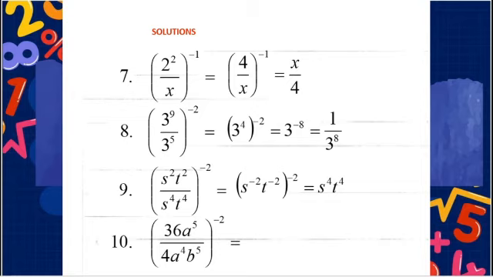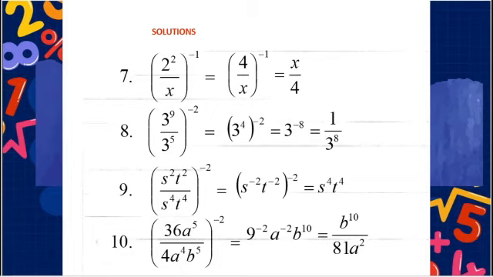36a to the 5th over 4a to the 4th b to the 5th, quantity raised to negative 2. Sige nga. Siyempre, yung numerical coefficient, divide muna natin. So, 9. Tapos, a to the 5th over a to the 4th.